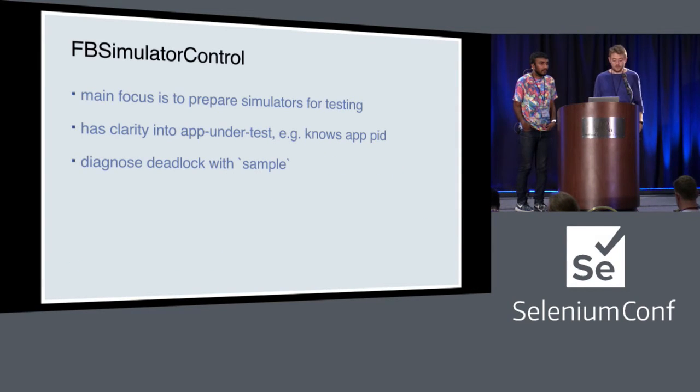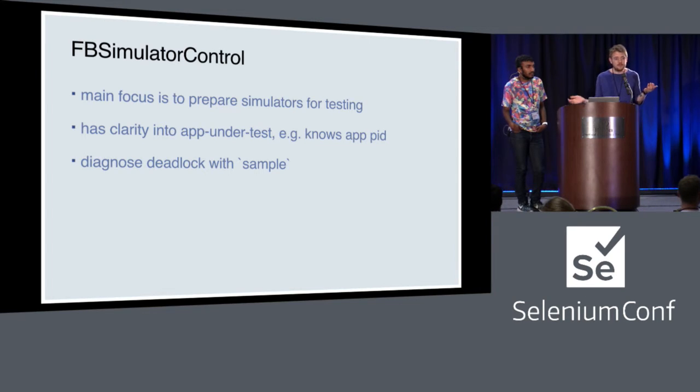The main focus was preparing simulators for testing, but we soon found that once you get the process ID of the application and the simulator's running on the host, you can do quite a lot of interesting things. If you check out a whole bunch of man pages that exist in macOS, there's some really interesting tools out there.